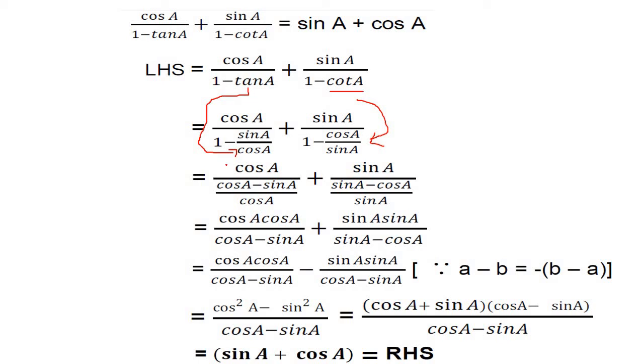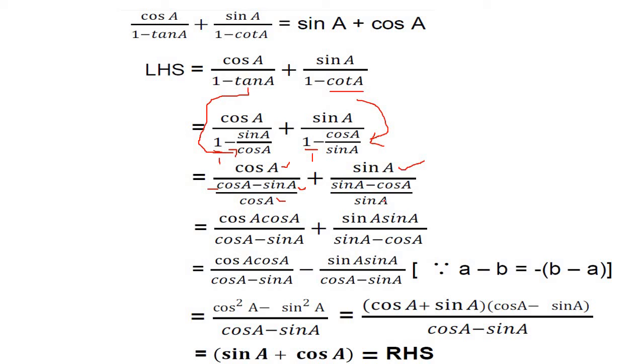Now, if you take the LCM of the denominator, the LCM of 1 and cos is cos A. So cos A into 1 is cos A, 1 into sin A is sin A. Then the numerator is as it is. Let us take the LCM of the denominators here.